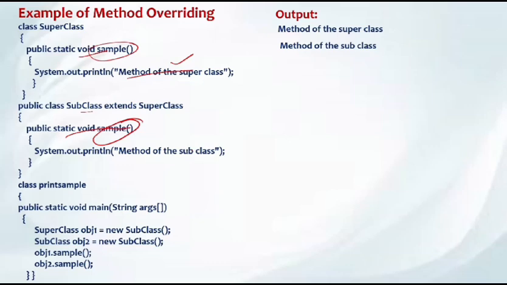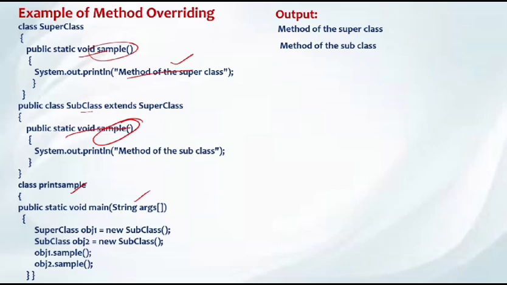Next we see how the subclass method will override the superclass method. Here PrintSample is a new class, and in this class I have a main function, public static void main String args. I have created an instance for the superclass and also an instance for the subclass.